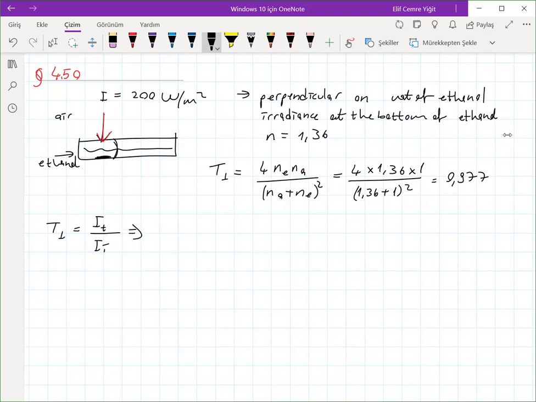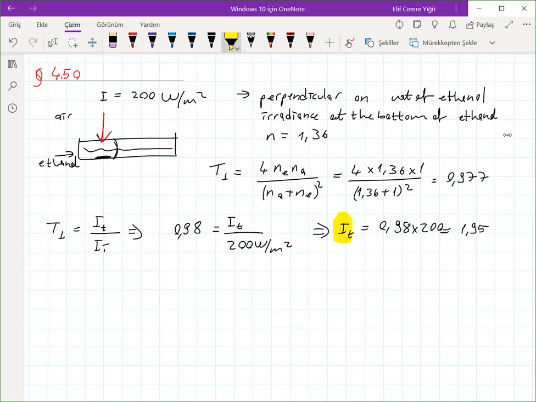I know that transmittance is about 0.98, and I transmitted is asked in the question, and I incident is given as 200 watts per meter square. So I transmitted will be equal to 0.98 times 200, 195 will be our I transmitted.